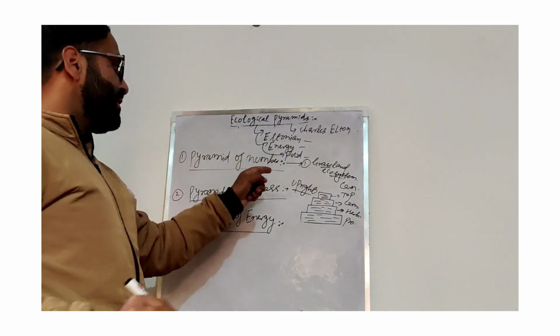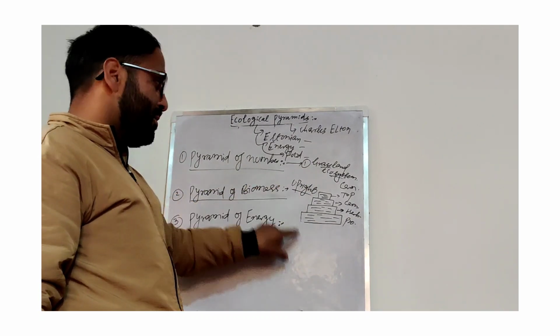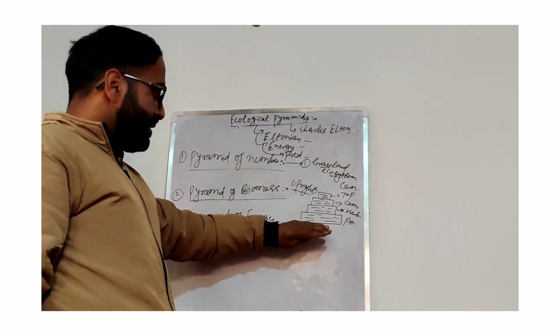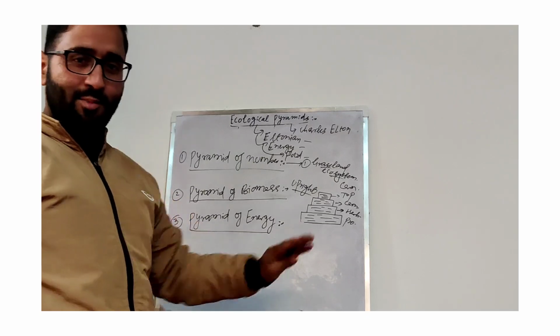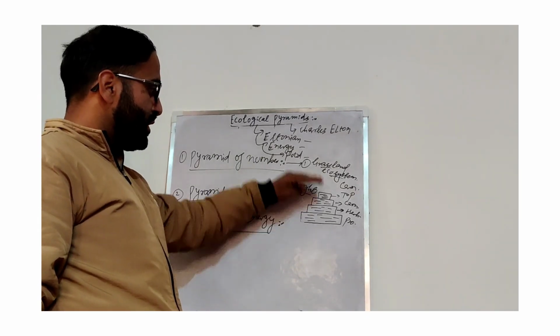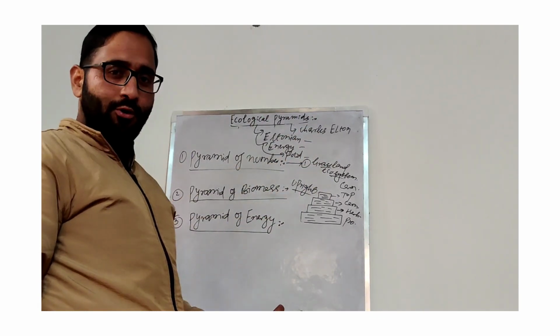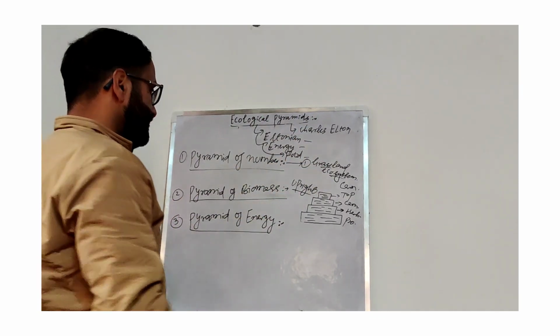So we can see the pyramid of numbers in the grassland ecosystem is an upright pyramid, because at the base we have the maximum, a large number of individuals. As we move higher and higher in a food chain, the number keeps on falling, the number keeps on decreasing.